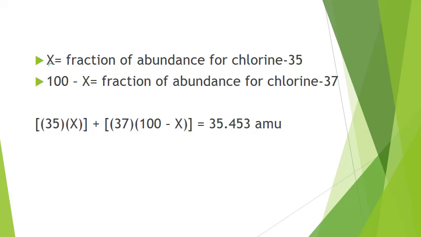But here's the thing, remember, this 100 minus x is in percent. So if we're going to do this, we have to get this out of percentage. We have to have it as a decimal. So that means it actually is 1 minus x, because to convert 100 to a decimal, 100 to a decimal is 1.